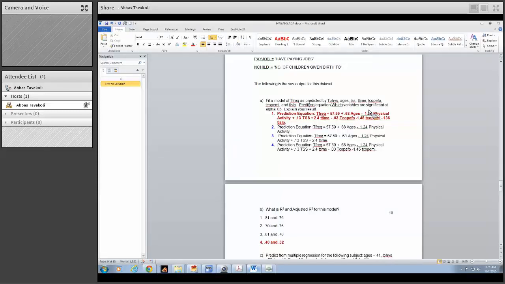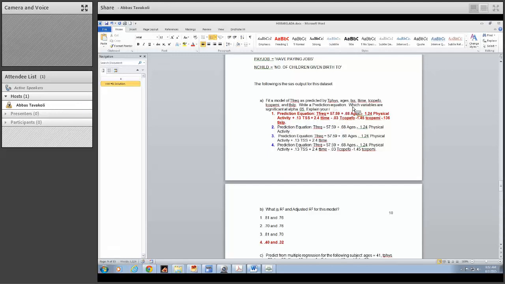So we wanted to write a prediction equation and discuss which variables are significant at alpha 0.05.